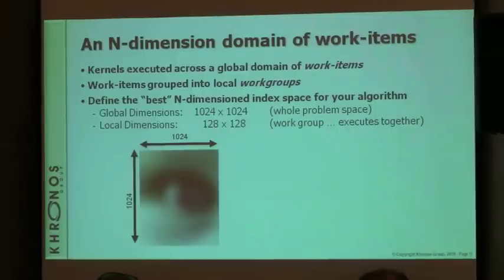Now, all of these work items are executing in parallel. There are many cases where I actually want to group work items together because I want to share data between them. So let's take a simple classic example: I want to generate the sum of the elements of an array.